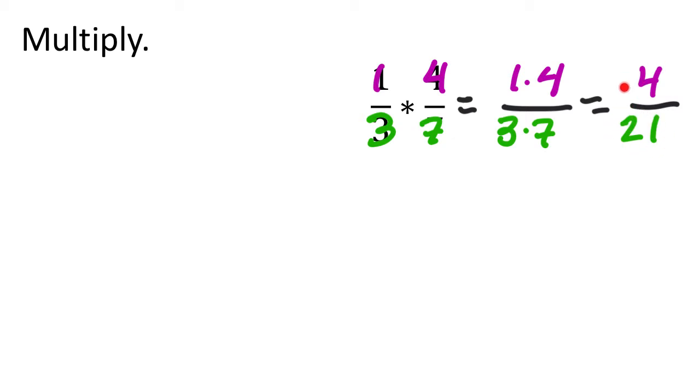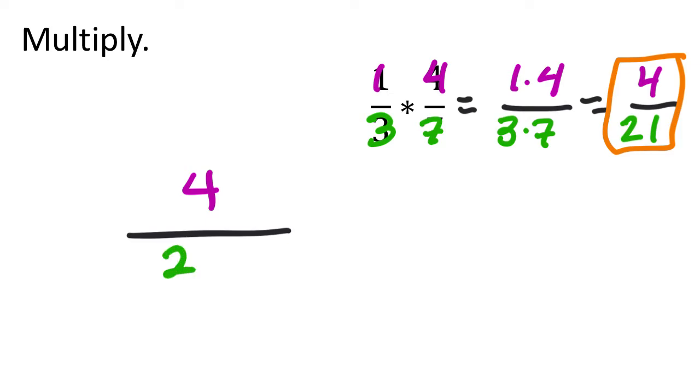Well, 4 is a small enough number to look at some of the divisibility rules. So 4 is divisible by 2, but 21 is not because of the 1 in the tens place value. So just going through those two parts, we could say this couldn't be further simplified.